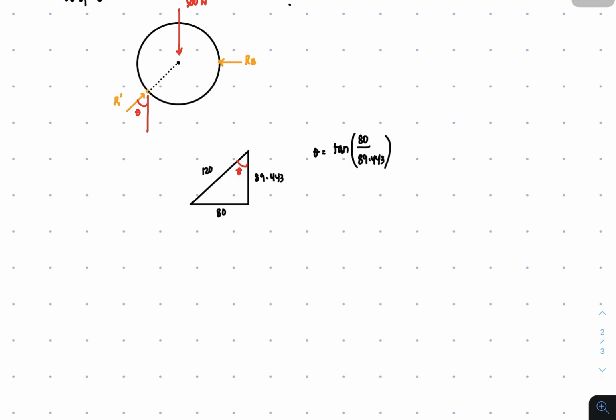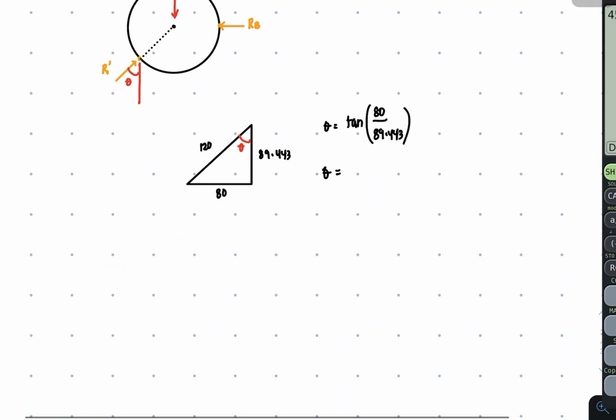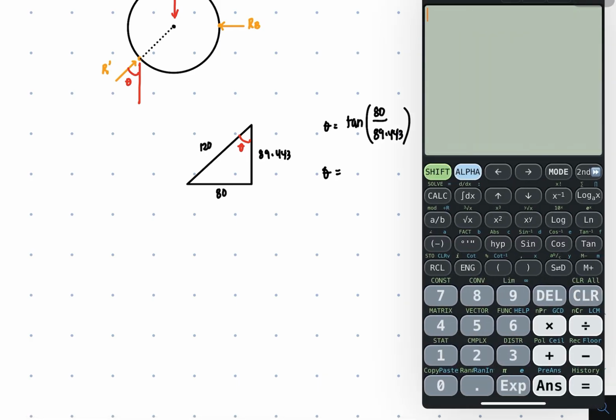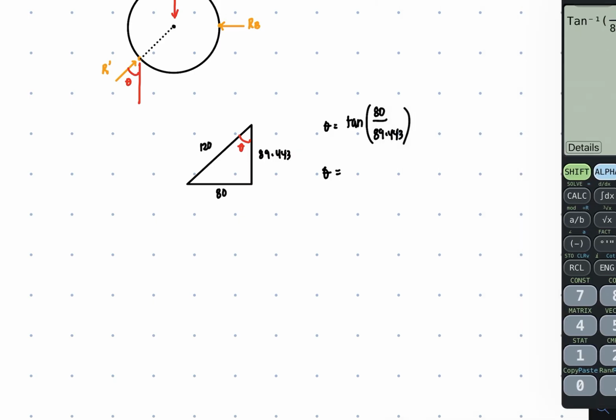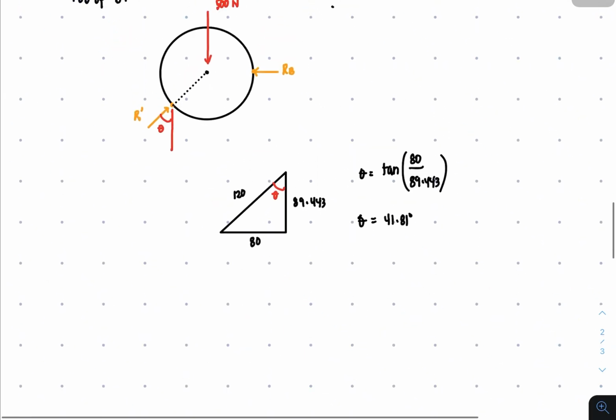So theta is equal to arctangent of 80 over 89.443. So that's 41.81 degrees. Since we have the angle, we will get now the component of r prime. So this is r prime cosine of theta, and this one here, this is r prime sine of theta.